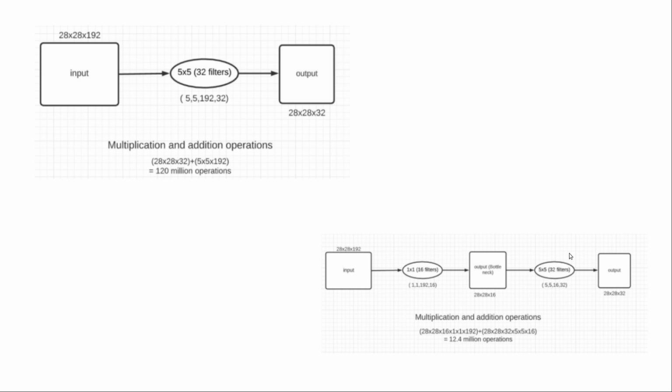To that I have to add the second convolution operation, which will be 28 by 28 into 32. That I have to multiply by 5 into 5 into 16. 16 is the number of filters, and if we do all these multiplications and then add them, I will have 12.4 million operations. Now compare that with our initial, which was 120 million without the 1 by 1 conv layer, and now I have a much reduced number of operations, just 12.4 million.